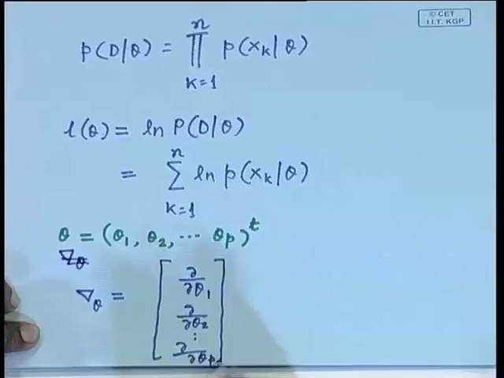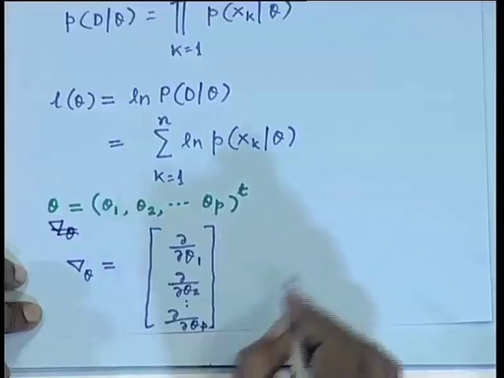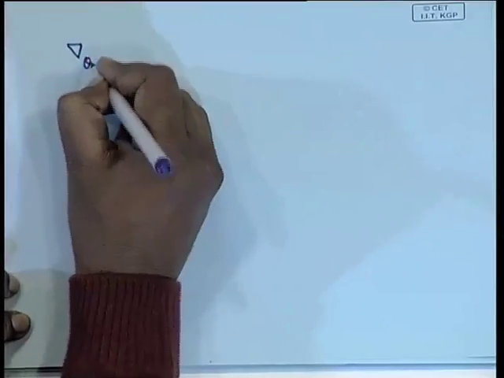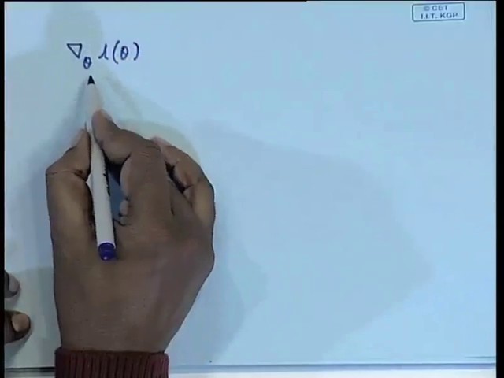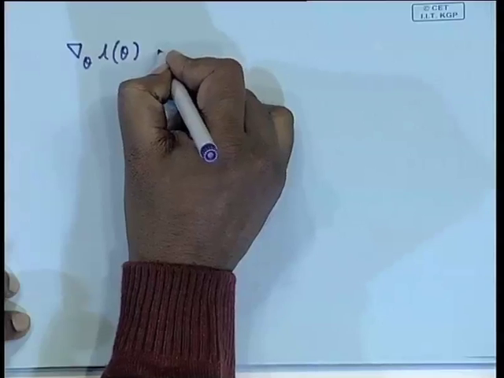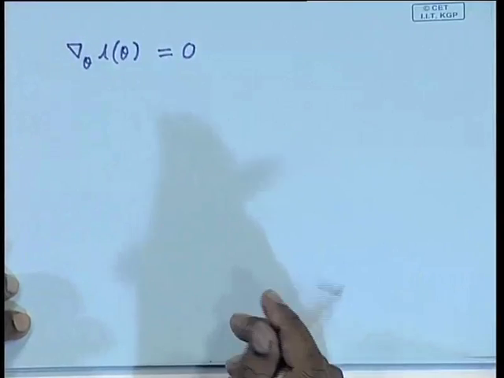This is the gradient operator, right. So, I have to find out the gradient of the likelihood value of theta, that is, the gradient of L theta with respect to the parameter vector theta, and I have to equate this to 0, right.